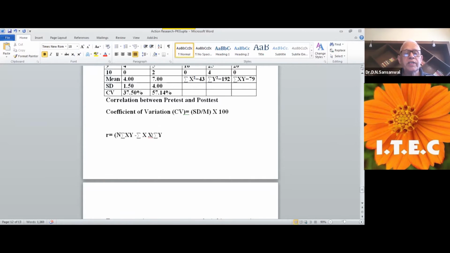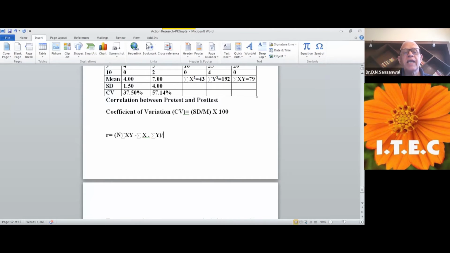Then this is to be divided by the square root.